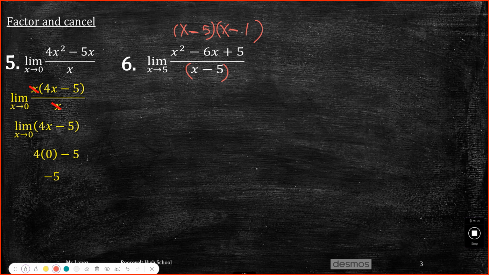I hope everybody agrees and that that is correct. And what can we do now? Cancel the x minus 5 and the x minus 5. So now we got the limit as x approaches 5 of x minus 1. And now we can do this substitution.